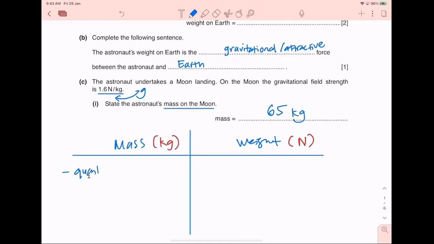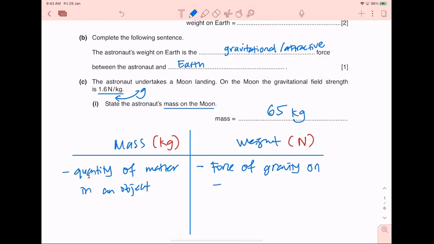Weight is the force of gravity on the object.